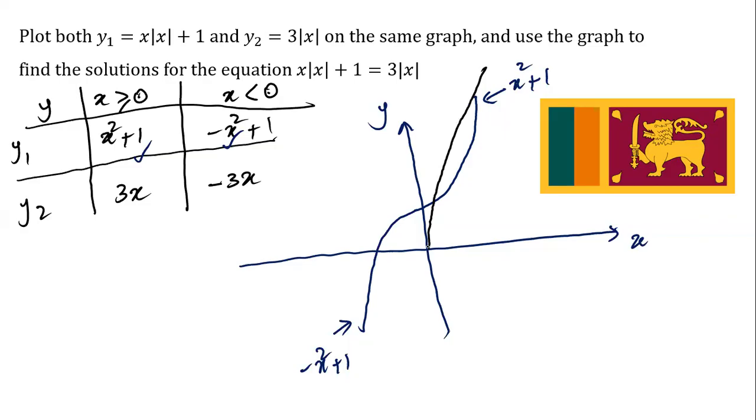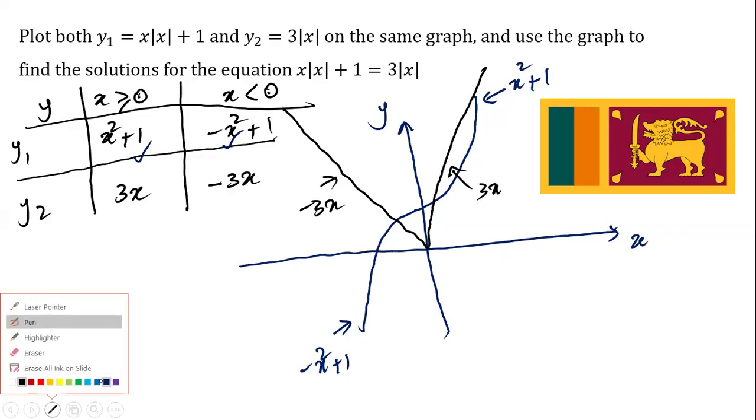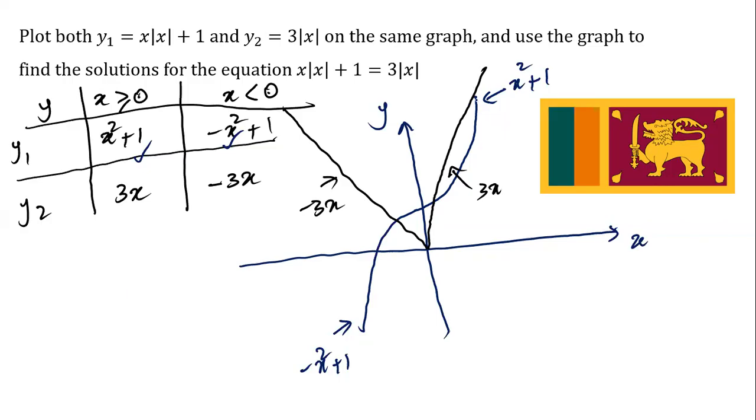When I draw minus 3x, it's going to become like this. Both of these are straight lines. This is minus 3x. This is plus 3x.